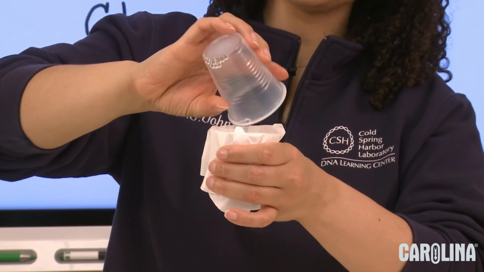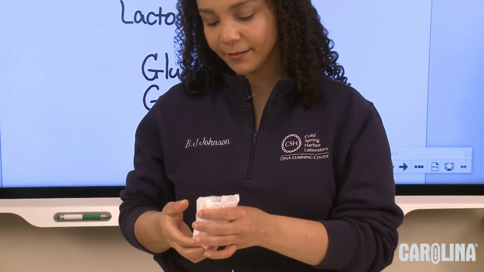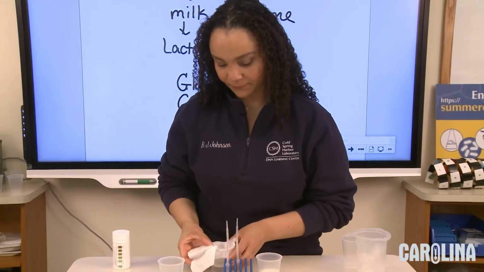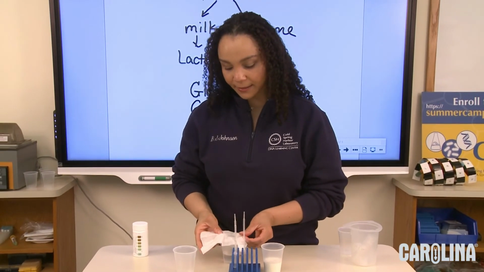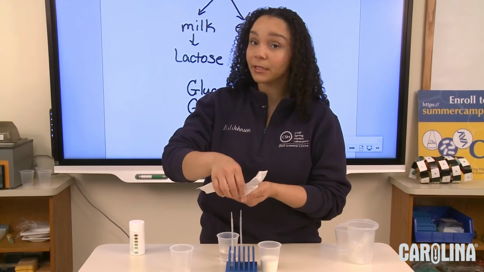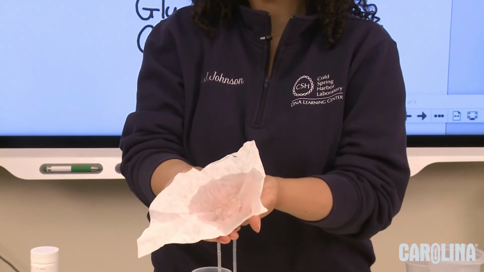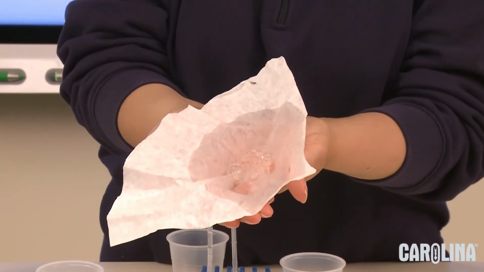Now, when students do this lab with me, their first question is, can we touch it? Well, you can, but not until you get most of them out, because you don't want to contaminate your experiment. So when you look, what you see are little spheres that have formed.